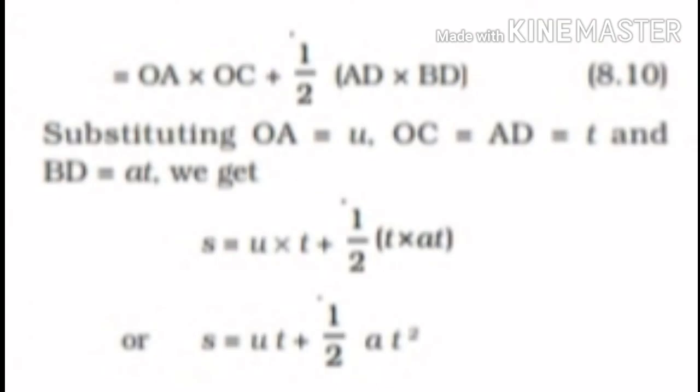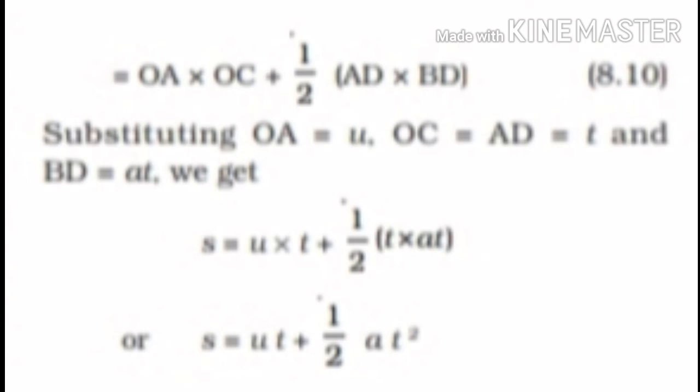For the second equation of motion, we are going to use the equation for position time relation. So let us consider the object has traveled a distance s in time t under uniform acceleration a. From that graph we are going to derive that. The distance traveled by the object is obtained by the area enclosed within OABC under the velocity time graph AB.